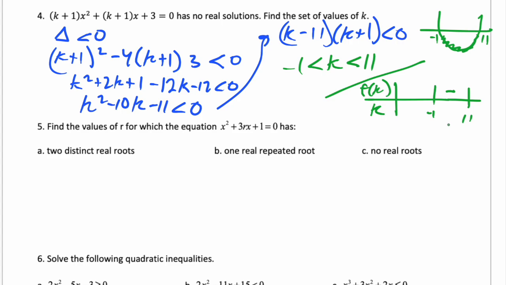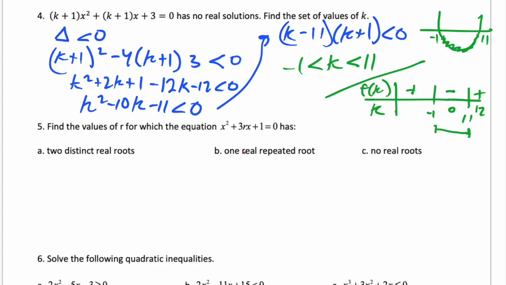And if you substitute a number bigger than 11, like 12, you're going to get positive times positive, you get positive. And if you substitute a number less than -1, like -2, you're going to have negative times negative is positive. So you can see the answer is in this interval. k is between -1 and 11.